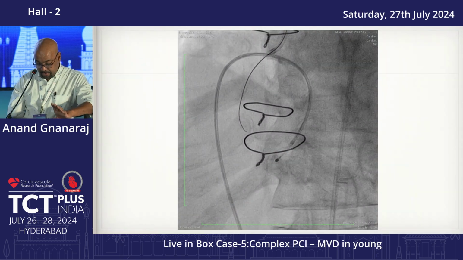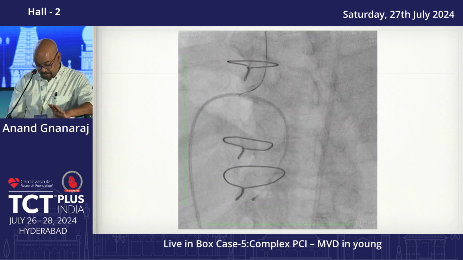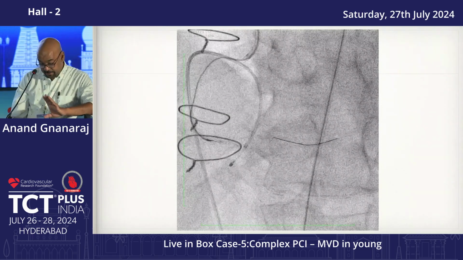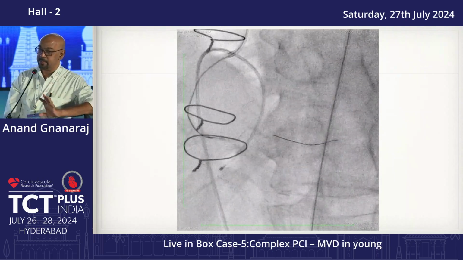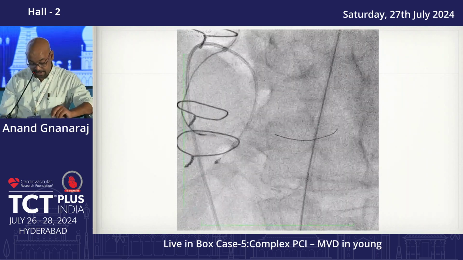Okay, let me show you the real angiograms instead of that. So after multiple times losing the wire, finally the wire I thought was in PDA, not absolutely sure, but looked almost like PDA and some filling was seen.